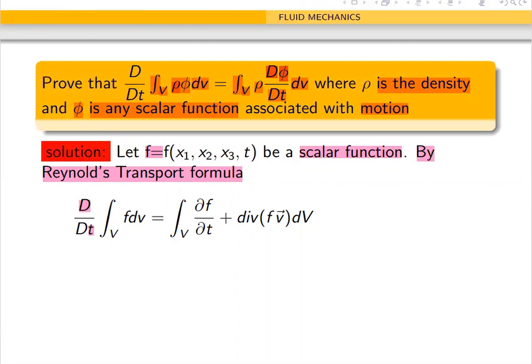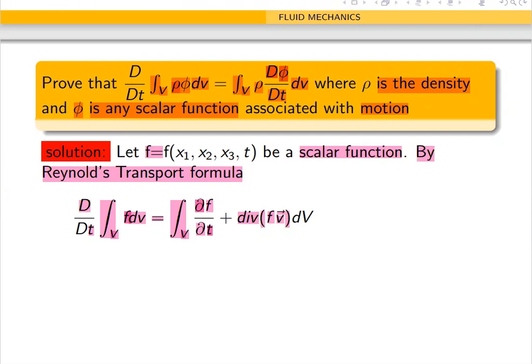Capital D by dt of the volume integral of f dV equals the same volume integral of (∂f/∂t + divergence of f v) dV. This is our Reynolds transport formula for any scalar function f. Maybe when we derived it, we took it as phi.